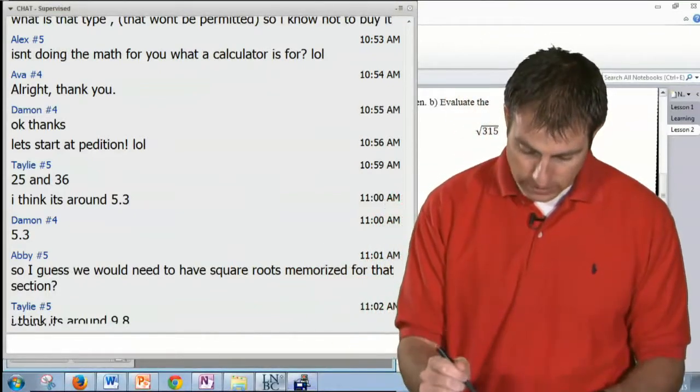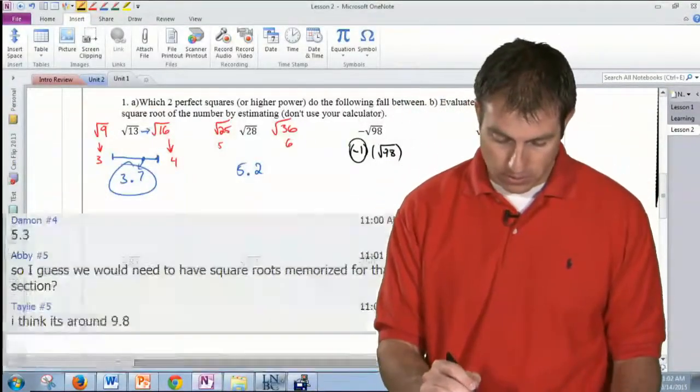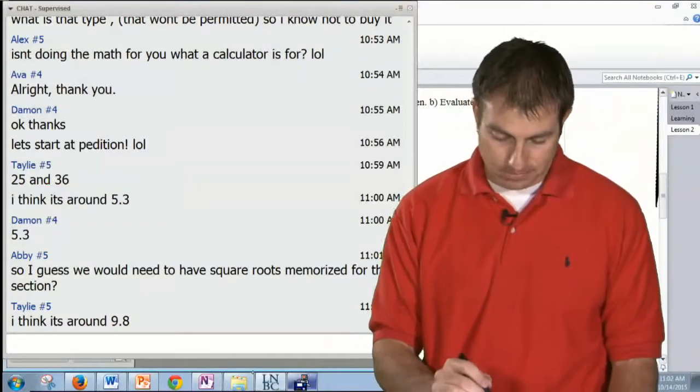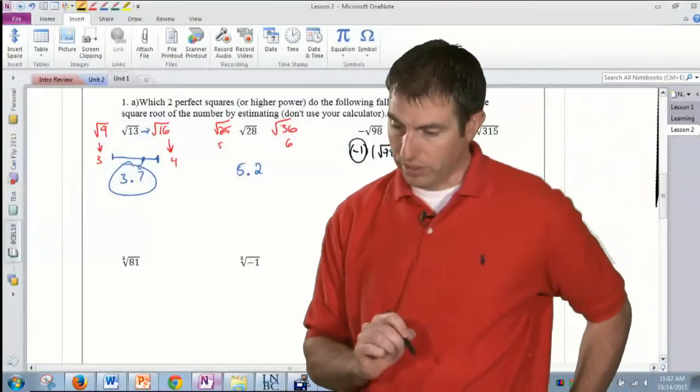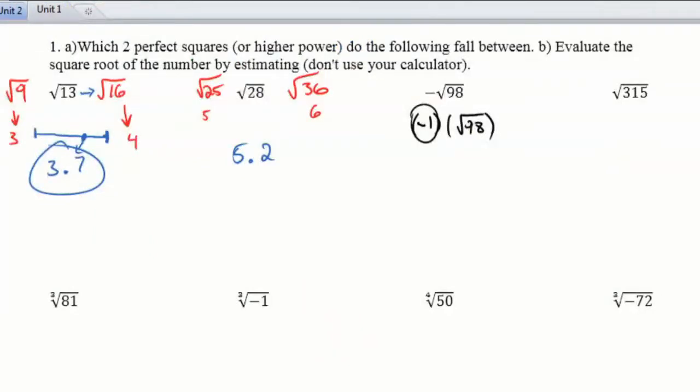So Taylor's a step ahead of me. I'm going slow today. Taylor says it's around 9.8. So maybe we'll figure it out. I know 98 is really close to which two numbers? So I have the square root of 98. Which two? It's close to 100, just under 100. And then I have 81.